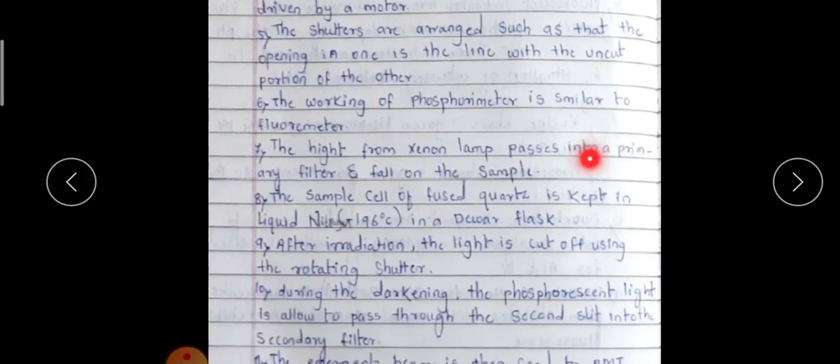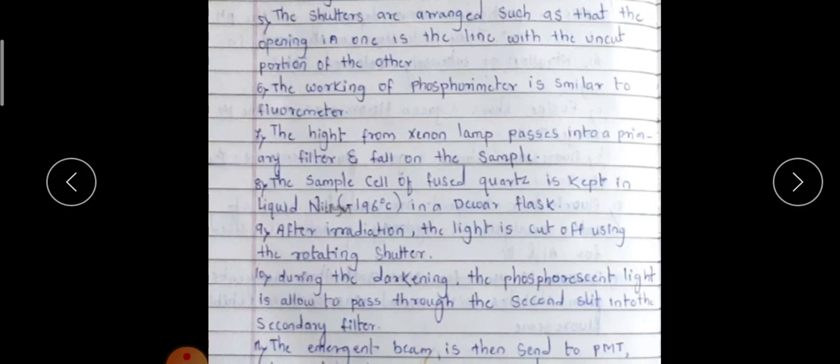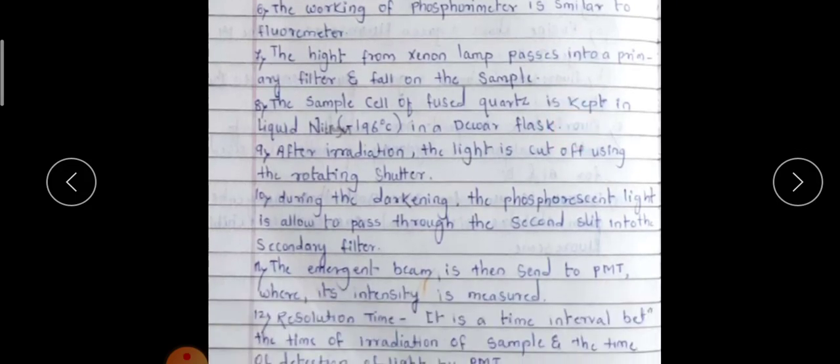During the darkening, the phosphorescent light is allowed to pass through the second slit into the secondary filter. The emergent beam is then sent to the PMT where its intensity is measured. Resolution time is the time interval between the time of irradiation of a sample and the time of detection of light by the PMT.